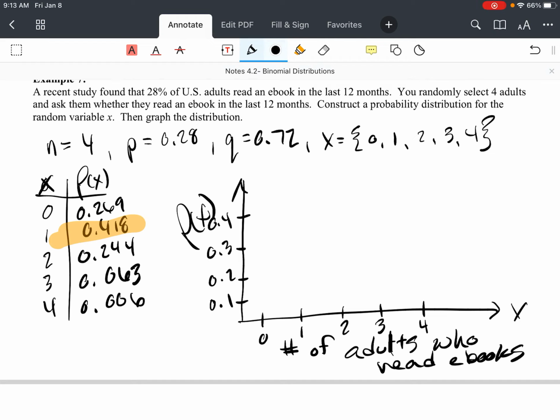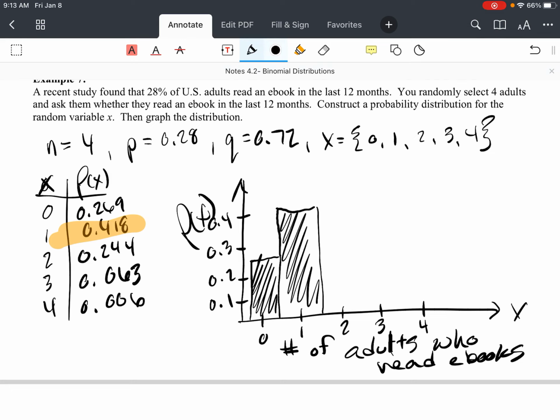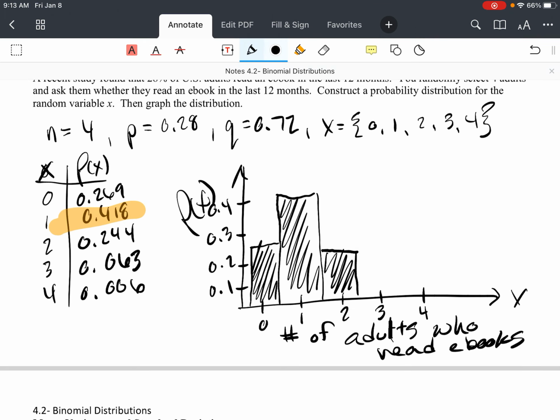So the probability of 0 was 0.269, just above the halfway point here. So I've got my first one. The probability of 1 is just over 40%, so right there. Probability of 2 is just under 0.25, right there.